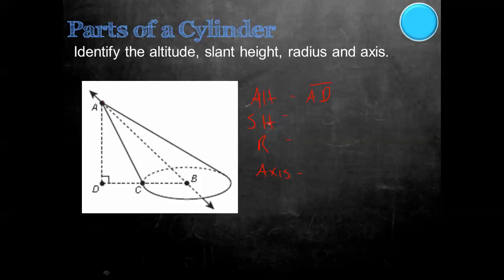Your slant height is the height that you measure from the vertex to an edge of the circle. In this case, our slant height would be AC. The radius is just the radius of the base of the circle, so that would be CB. And the axis is the line that goes from the middle of the base to the vertex, so that would be AB.